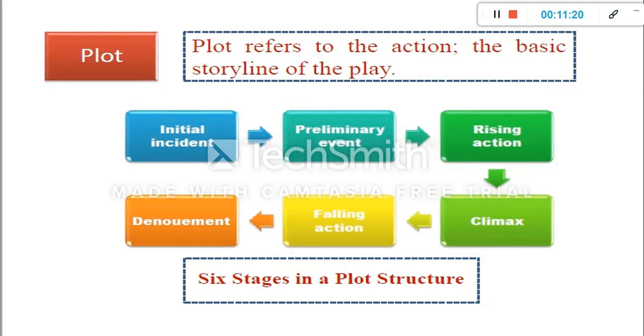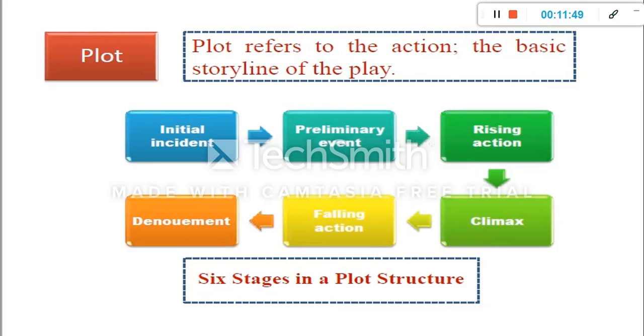Then we have a little more detail about the characters and the setting, as well as the conflict of the play. The preliminary events are where the conflict of the play is introduced. Then we have the rising action, climax, falling action, and denouement.